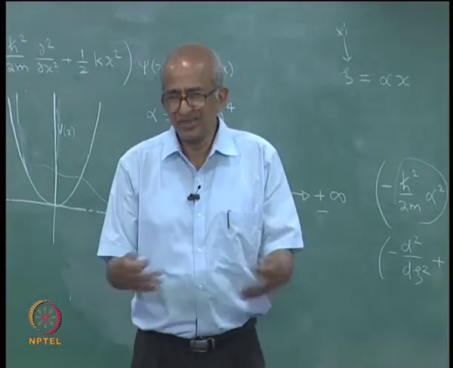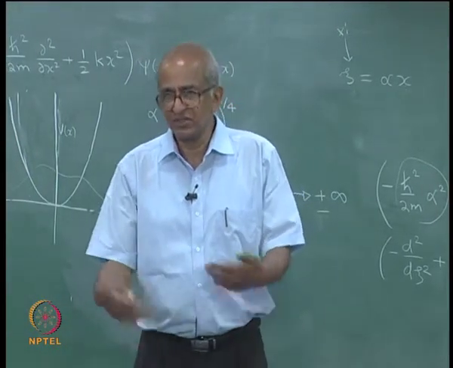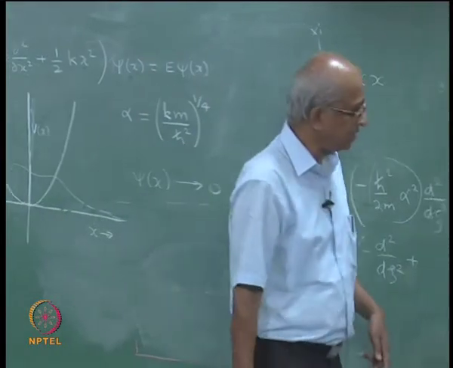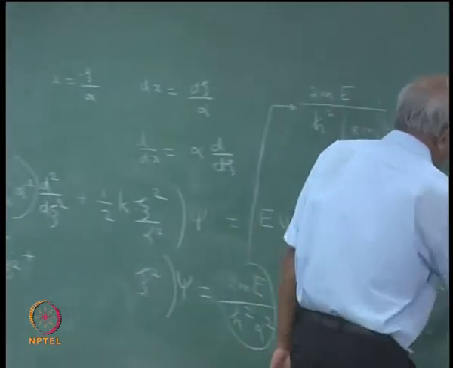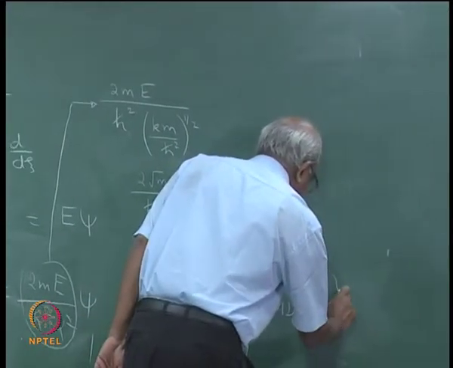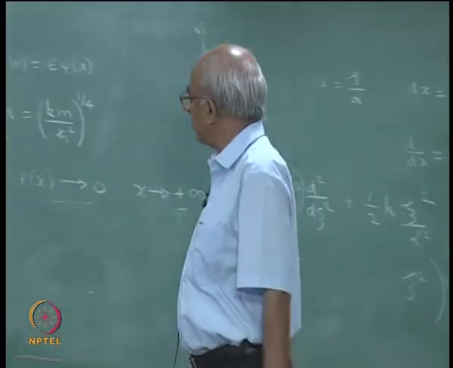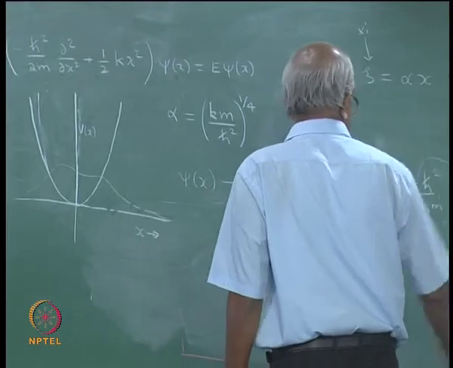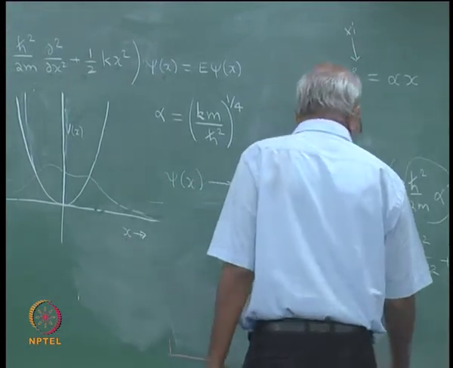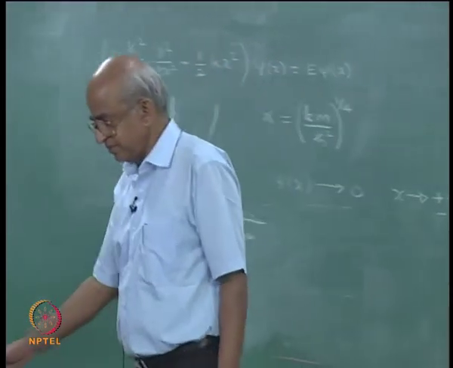Right, but then again writing 2E by h nu is tedious, and I have to write it again and again. So, what I will do is I will call this lambda. That saves me the trouble of writing this again and again.